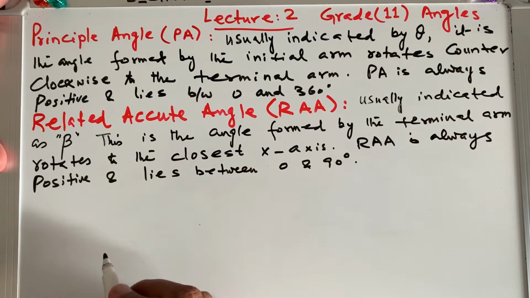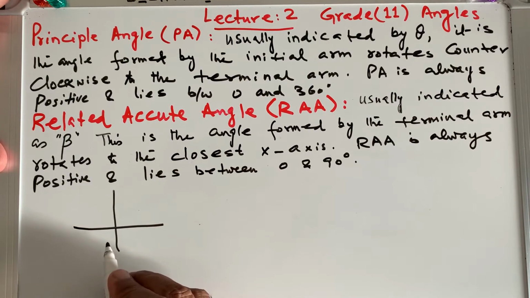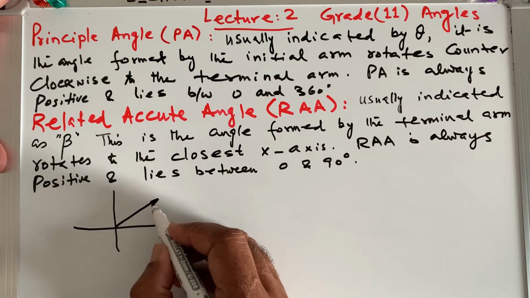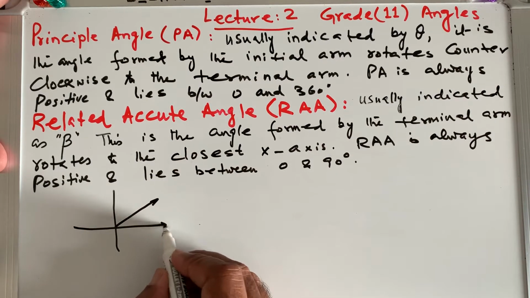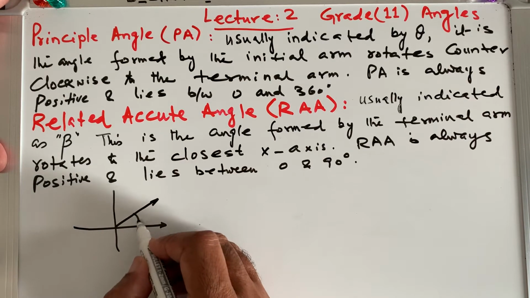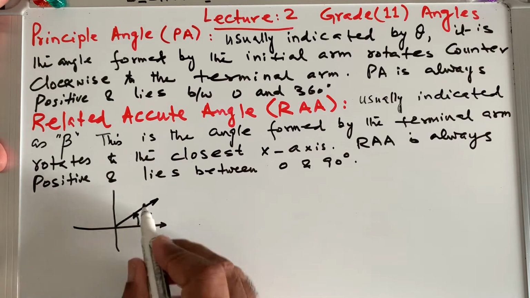So if we have a coordinate system and ask where is my theta, right? This is my initial arm, this is my terminal arm, and this angle, what we learned in lecture 1, is my theta.